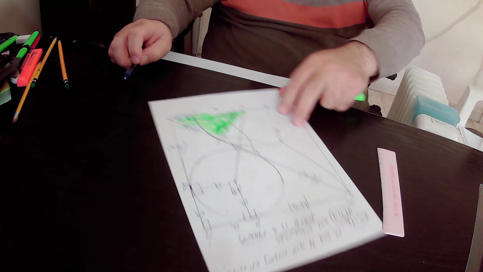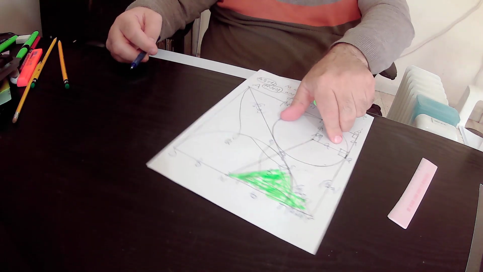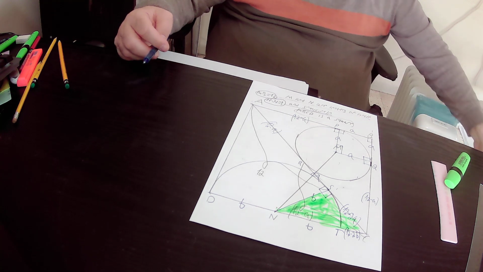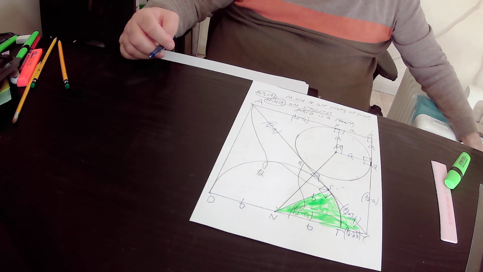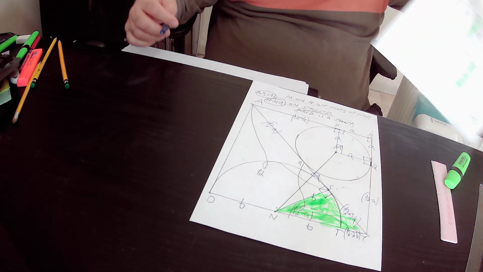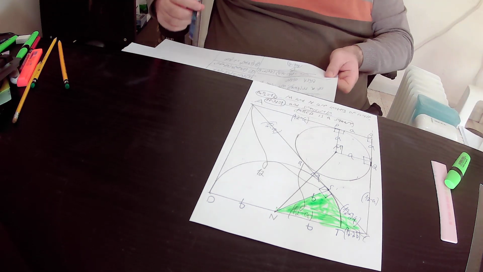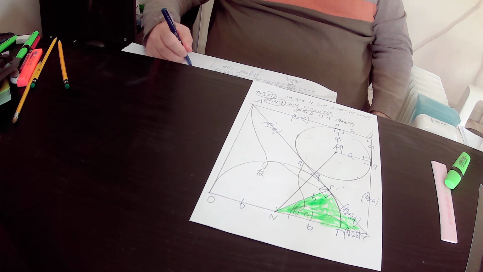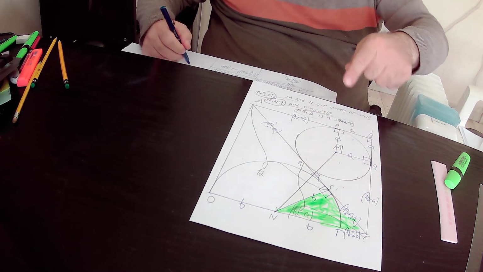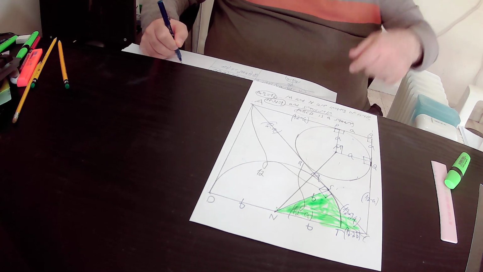But first of all we will find out the value of the hypotenuse NC. What is the value of the hypotenuse NC? NC actually equals NT plus TC.